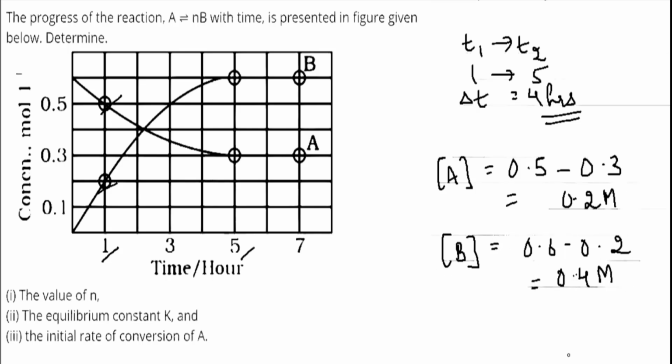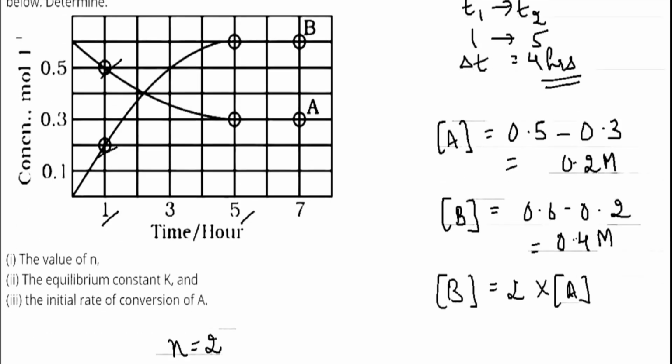From this we can see that the concentration of B is twice the concentration of A. So that means the value of n is equal to 2. This is the first part of the question.